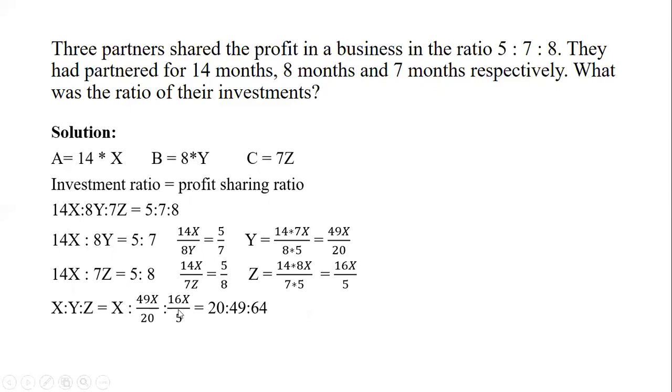So if we multiply throughout by 20, x will get cancelled because it is ratio. So we will get 20 is to 49 is to 64. Okay. So now this is how we can solve the problems based on ratio. The basic concept is same in all the cases, but how you are going to approach a particular problem depends upon the particular individual. Okay. Thank you.